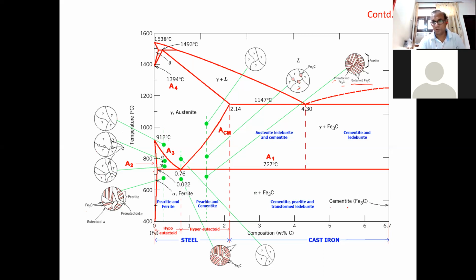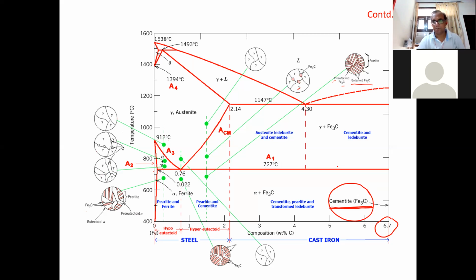That is also shown over this side. If the percentage of carbon in iron goes from 2.14 up to 6.7, then at 6.7% the complete structure will be of cementite type.